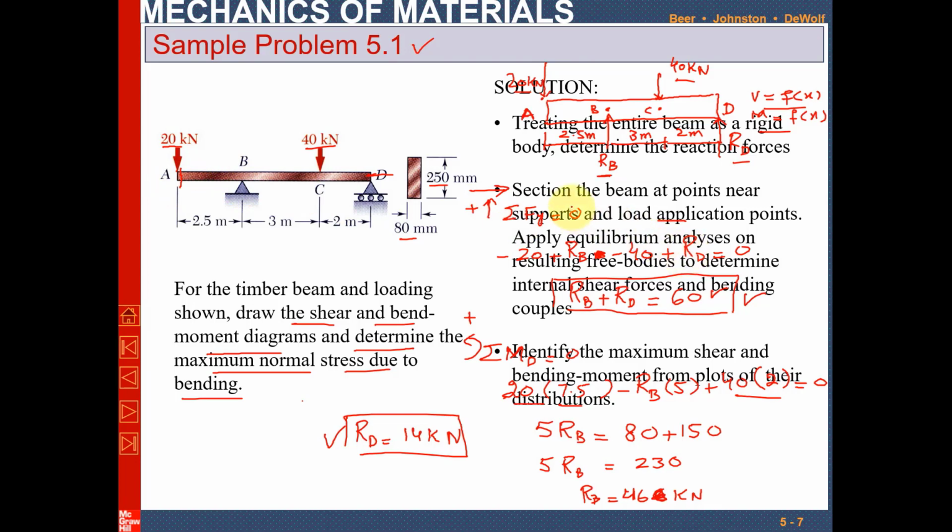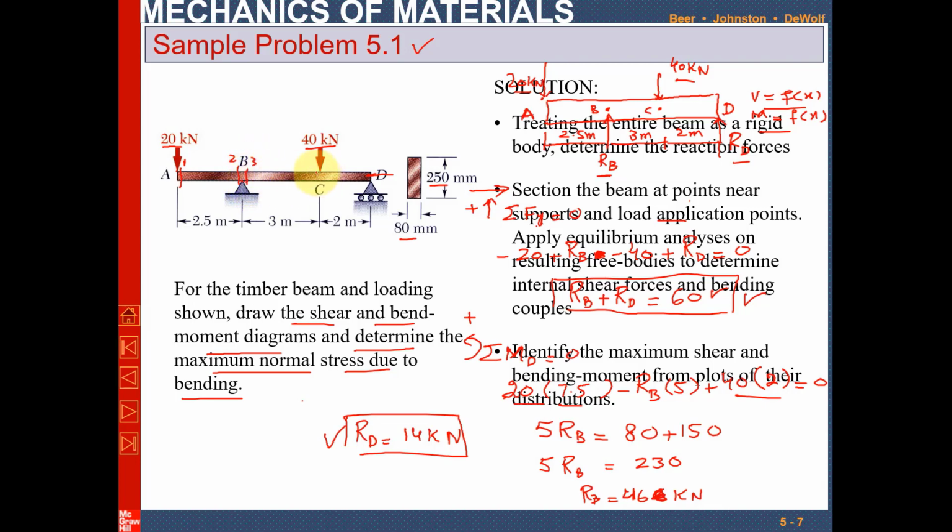So again, section the beam at a point near the support and load application point. This is a load application point, so you can section it over here. There is a support, so you can section closer to the load, just before this support. Let this be 2. You can take the section just after this support, so that will be 3.